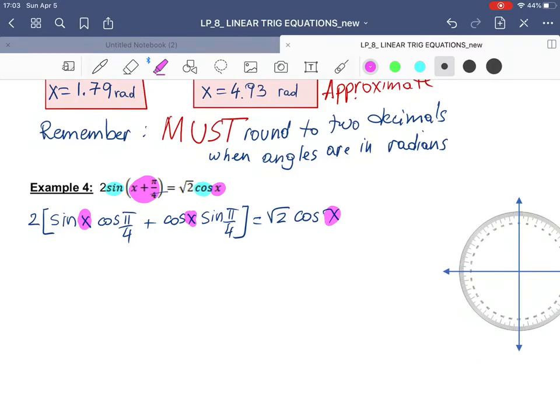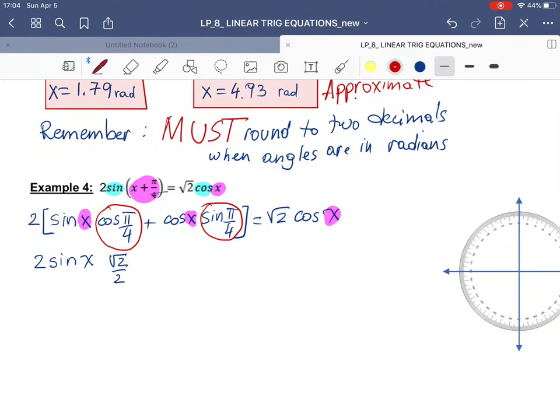And the next step is to expand or bring 2 in. So what we have is 2 sine of x. Another thing we want to do is replace cos pi over 4 by its numerical value. We know that pi over 4 is a special angle, and cos pi over 4 is root 2 over 2. So I will do that, root 2 over 2.